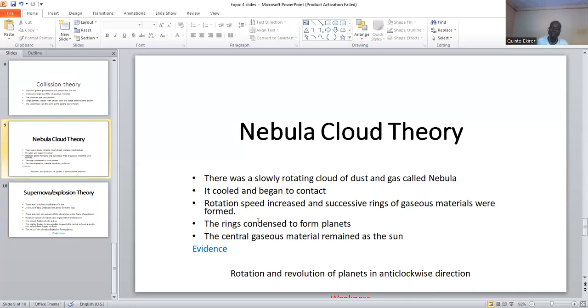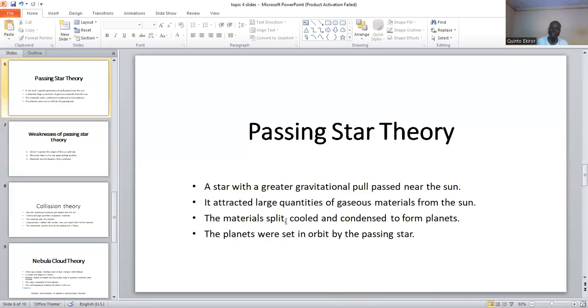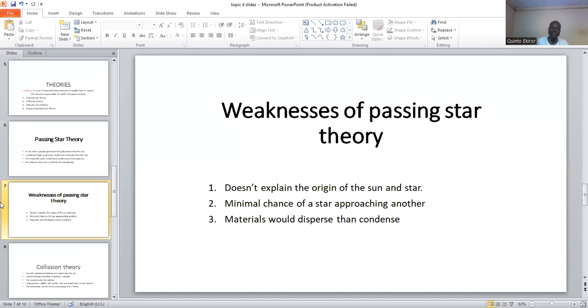Let's see now the weaknesses of passing star theory. Number 1, it doesn't explain the origin of the sun and the star, and that is true. We don't know where this star originated from.